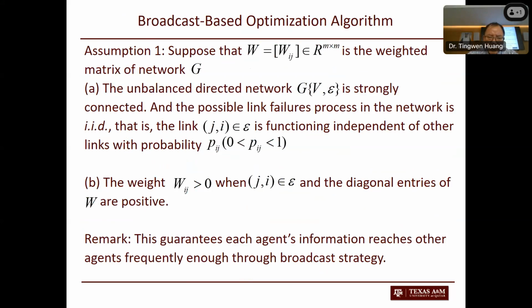That is, the link is functioning independent of other links with some probability. The weight wij is positive when (j,i) is in the edge set, and the diagonal entries of W are positive. Basically, this can guarantee each agent's information reaches other agents frequently enough through the broadcast strategy.